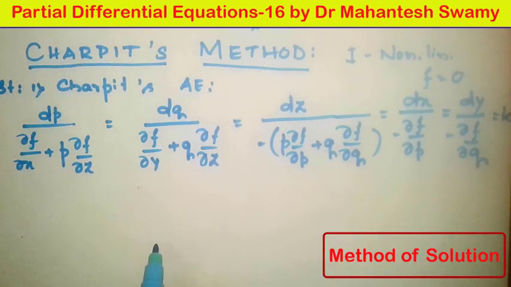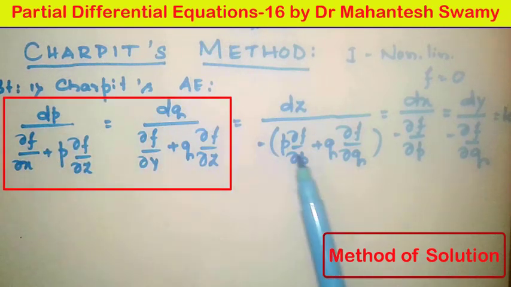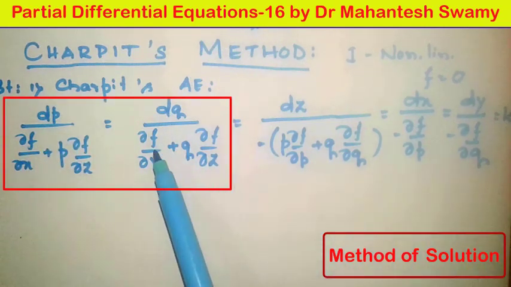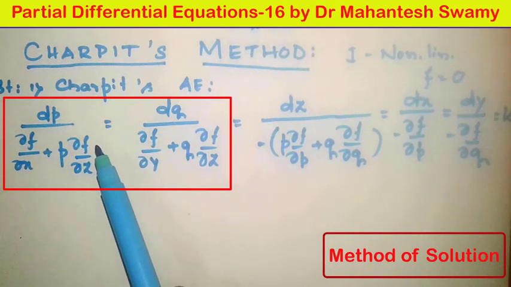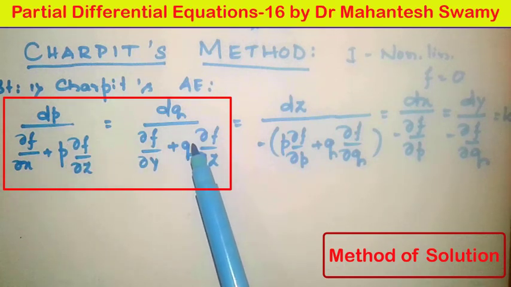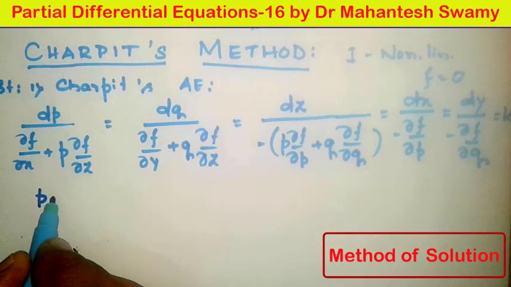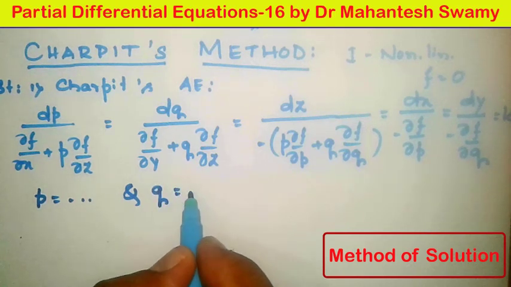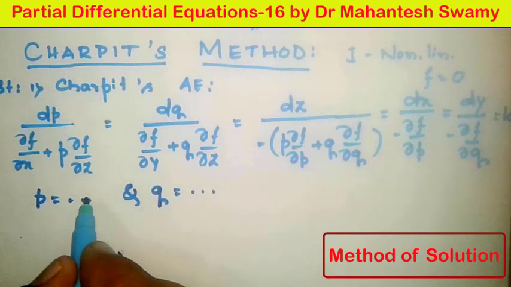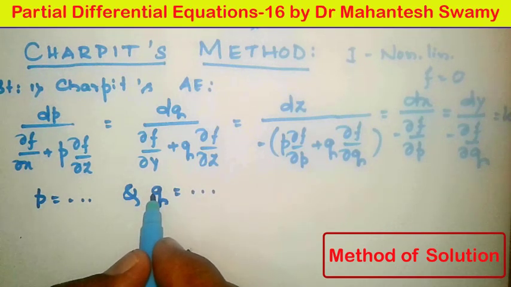By choosing two suitable members from these, and on integration we will get a relation involving p or q or both p and q, and then we have to find the value of p and the value of q. That should be evaluated in the later step.